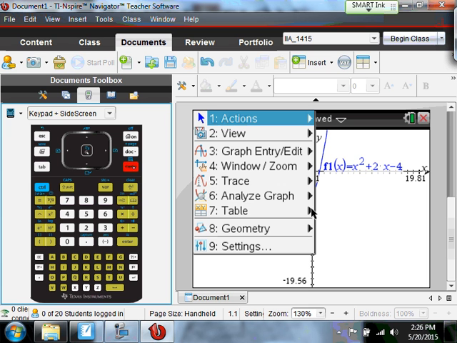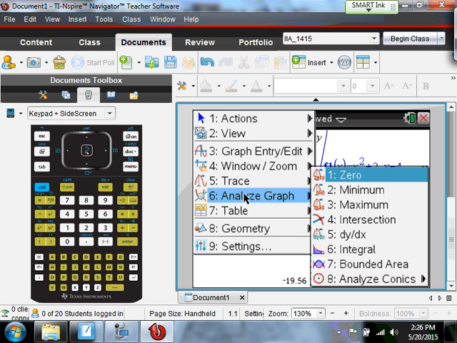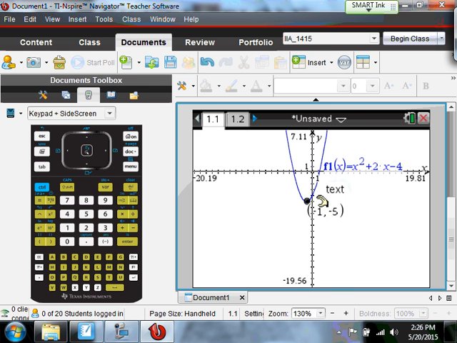Menu, analyze, and the minimum, click over here, click over there, and there you go.